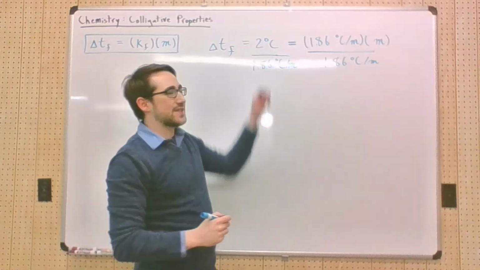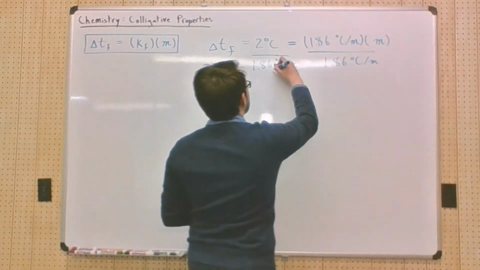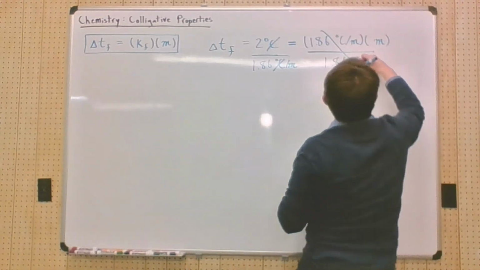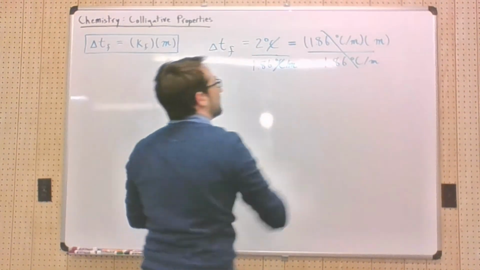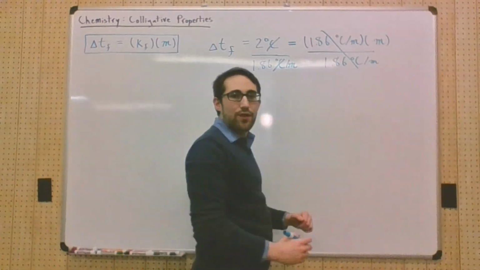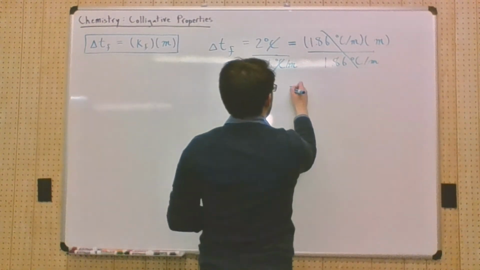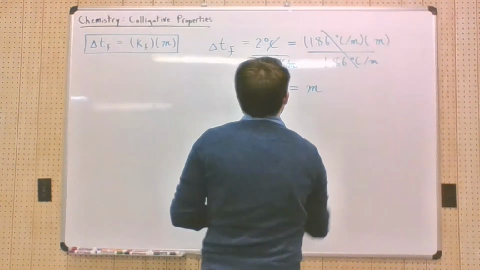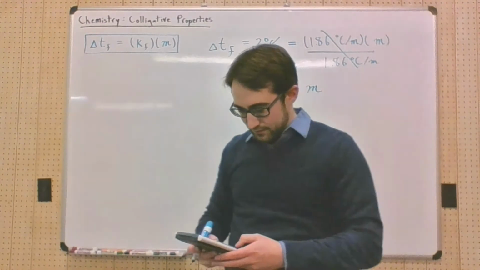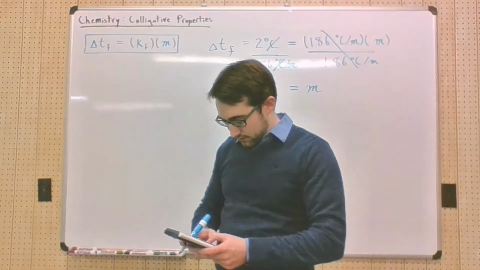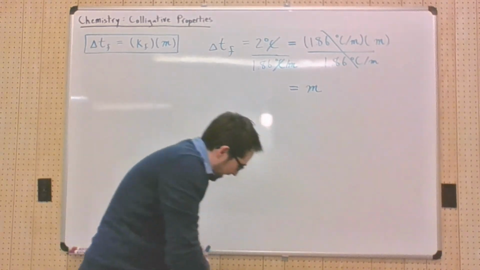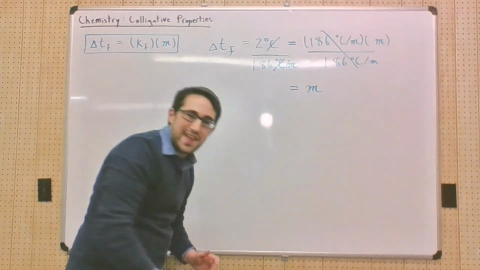Right? Our degree Celsius should cancel out. We should get rid of this whole thing over here. So 2 divided by 1.86 is going to give us our molality. Okay, gotta grab my calculator. I get 1.08-ish.